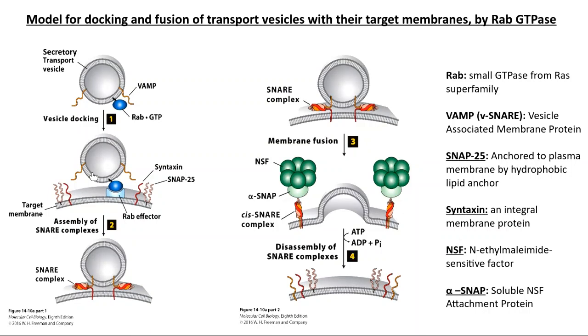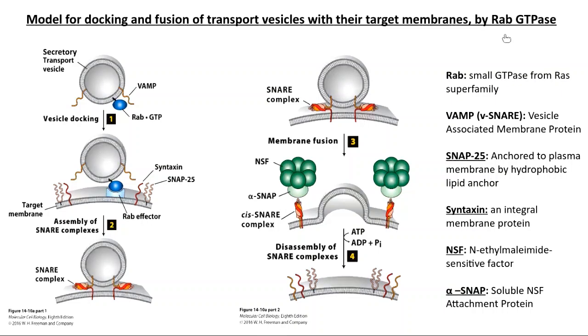Now the exposed V-SNAREs are present on the depolymerized, decoated vesicles. Okay, how are the vesicles going to get fused to the target membrane? So this is a very generic example which shows the docking and fusion of transport vesicles with their target membrane by the presence of RAB GTPase.